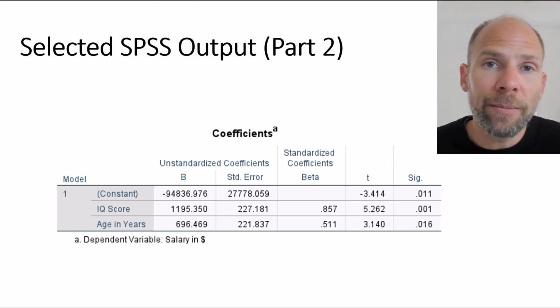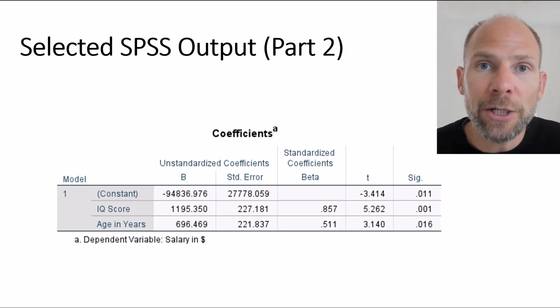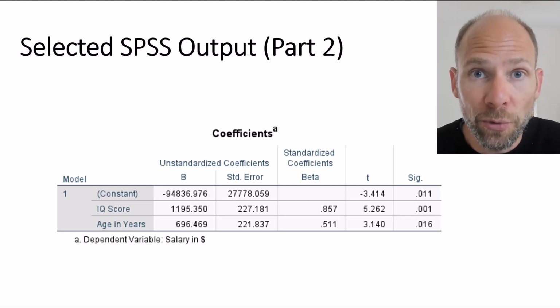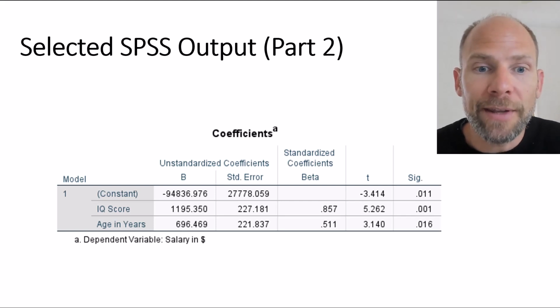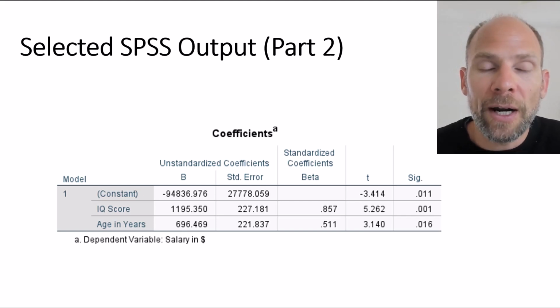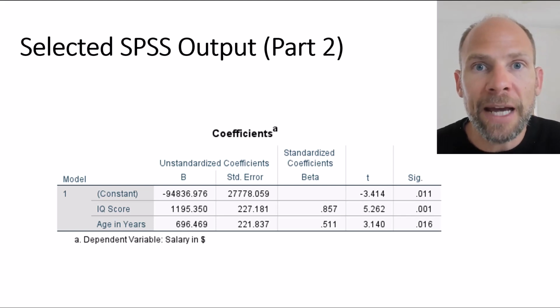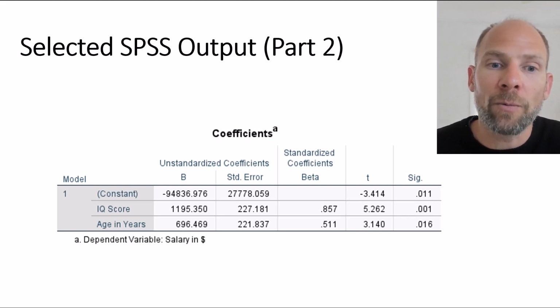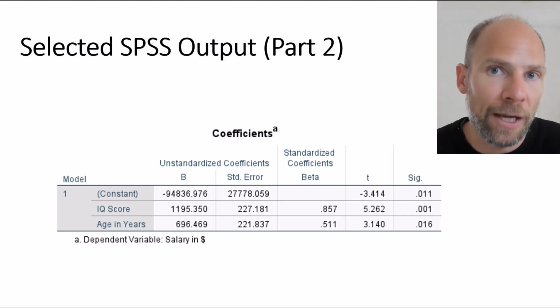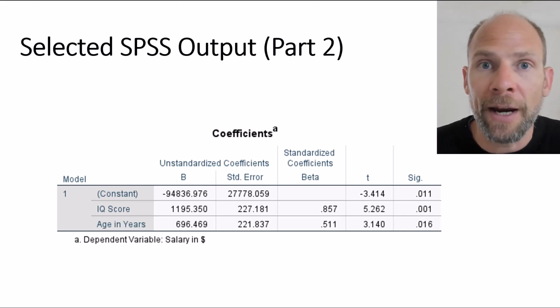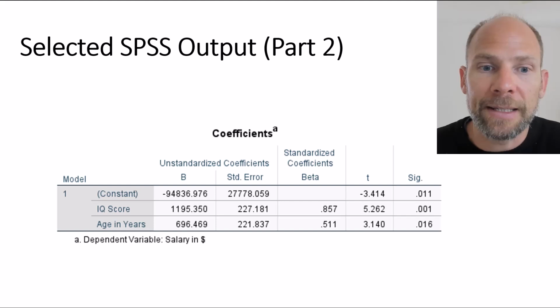What is interpretable here are the partial regression coefficients B1 and B2. B1 here is 1,195, and that indicates that for every 1 unit increase in IQ scores, we expect a salary increase of about $1,195. So there's a positive relationship there between IQ scores and salary.